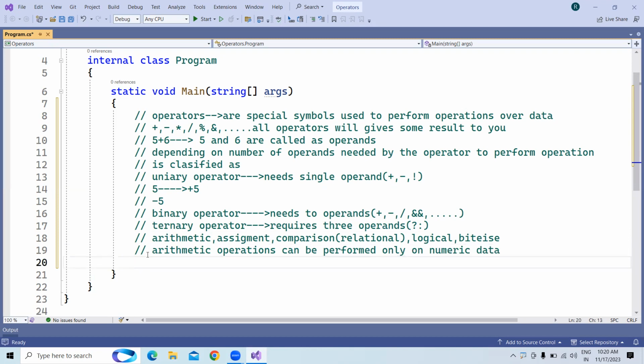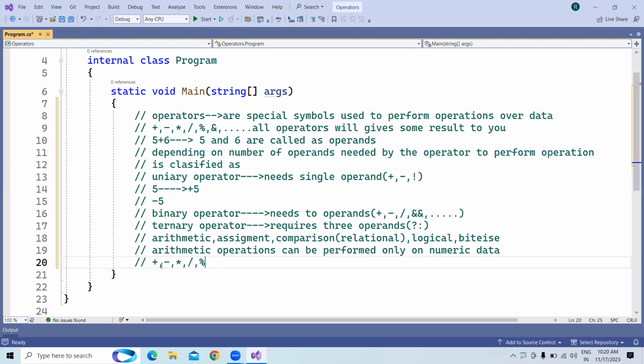So what are those arithmetic operators? We have plus and minus. For multiplication we use the star, the asterisk symbol, and for division we use the forward slash. To get the remainder of a division, we use the modulus operator.